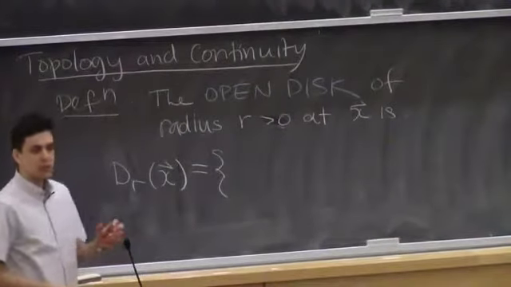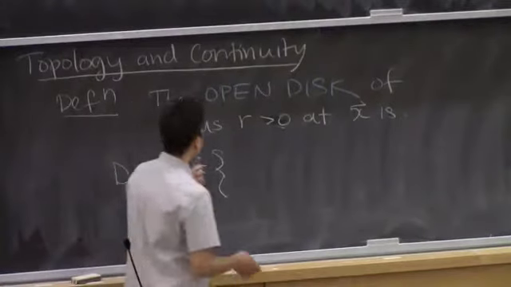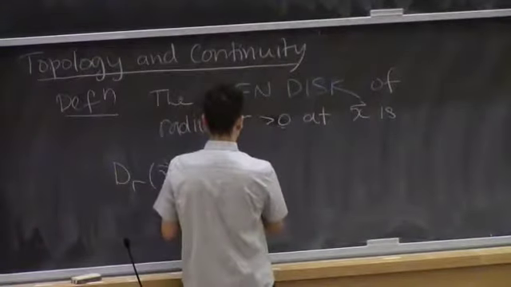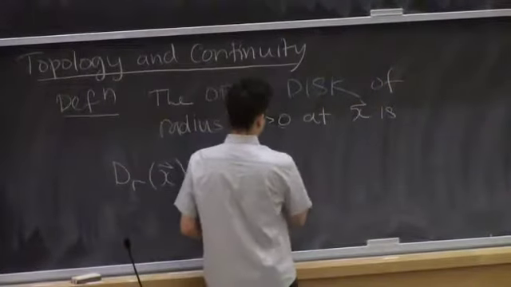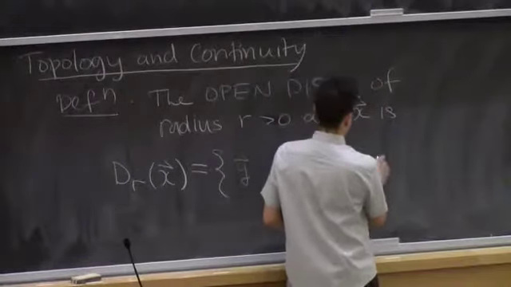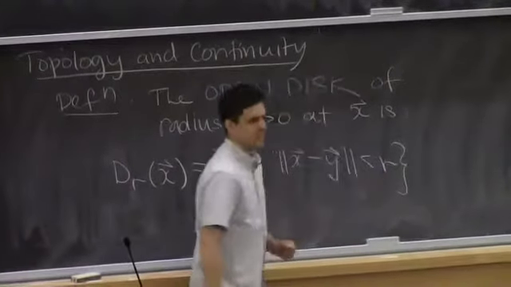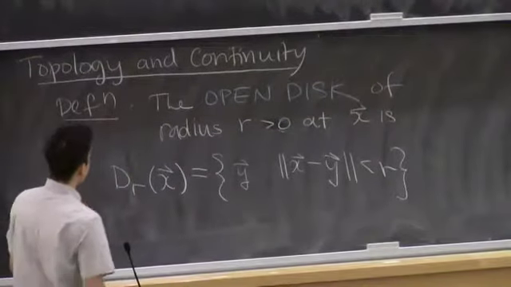It's going to be the set of all points that are distance less than r from x. So this is just a disk centered at x.